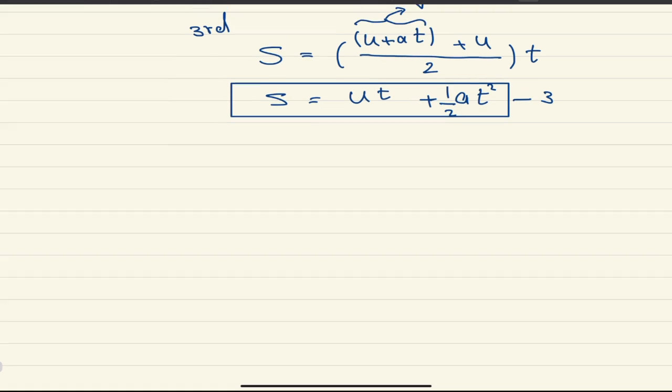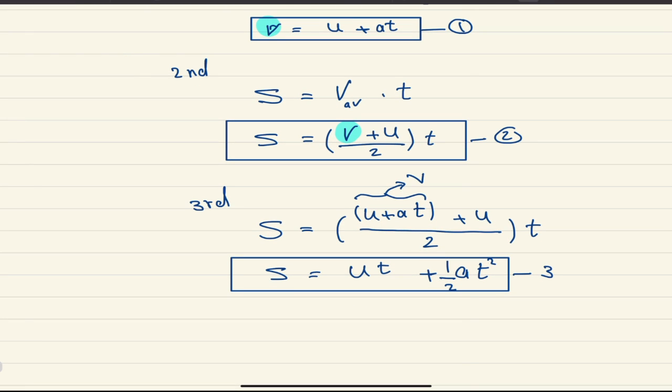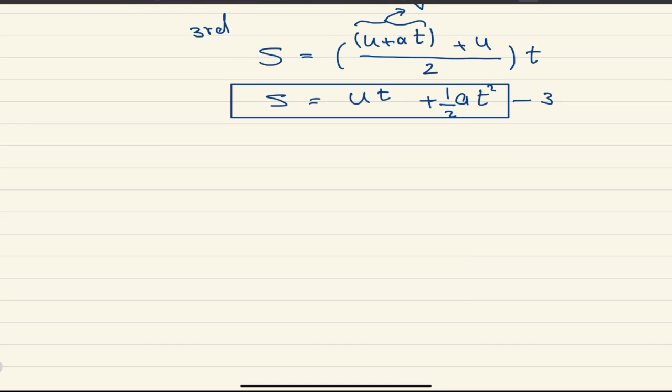When it comes to the fourth equation, we will again take the benefit of equation number 1. We know from equation 1 that the final velocity equals the initial velocity plus at.